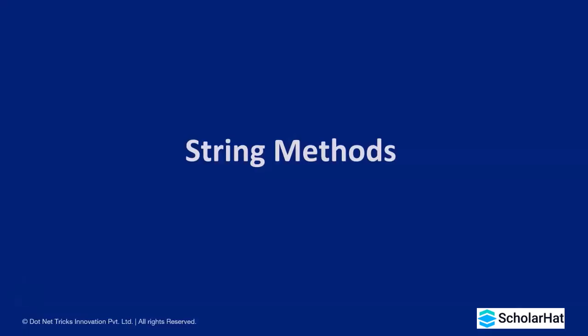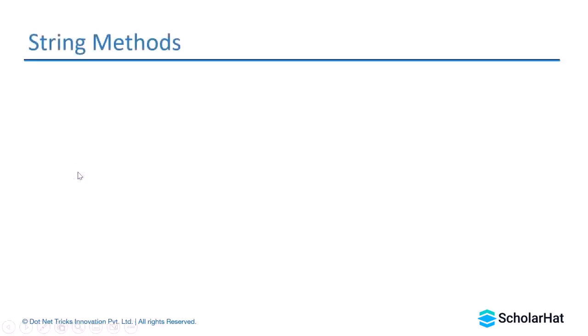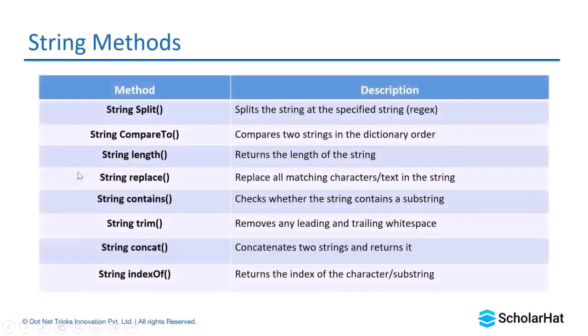Hello everyone. Today we'll discuss string methods in Java. String methods are very useful as they make it very easy to work with strings in Java or in any programming language.